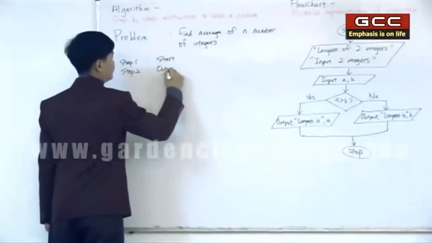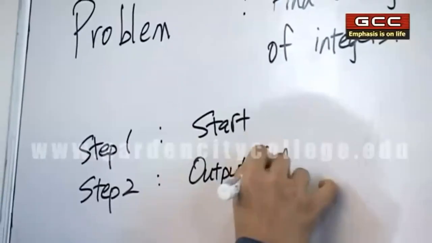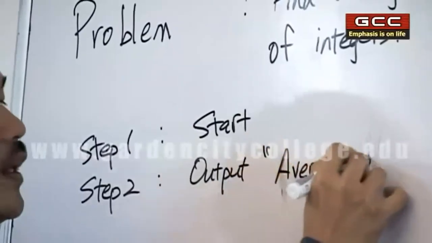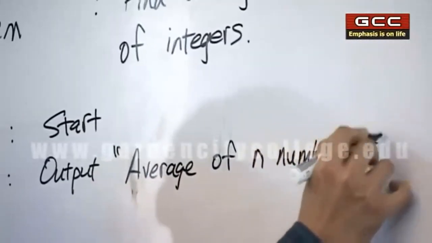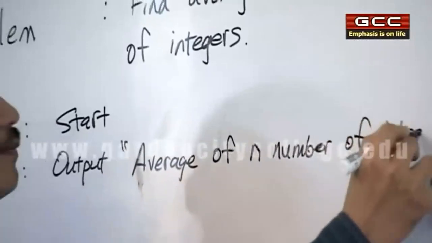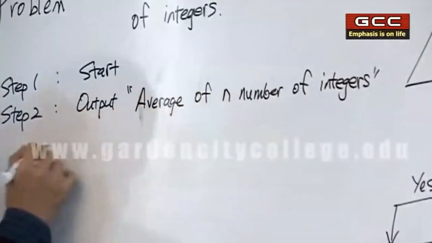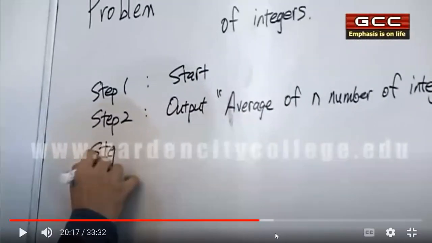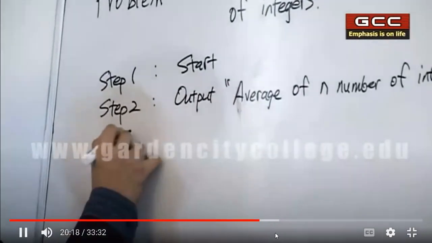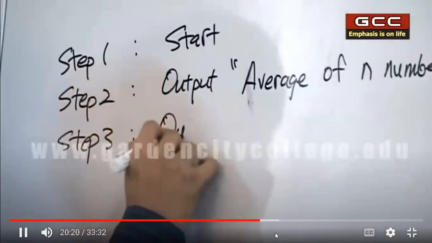Step 2, output as usual: average of n number of integers. Step 3. And n is a variable, and the variable can take on any amount of numbers. Output.